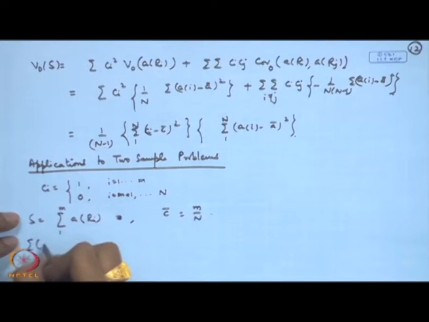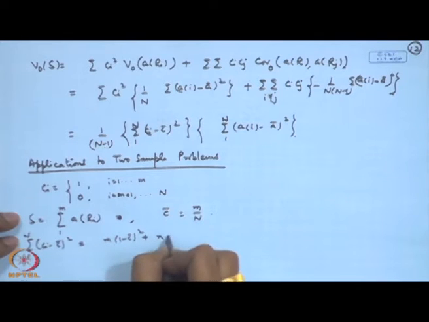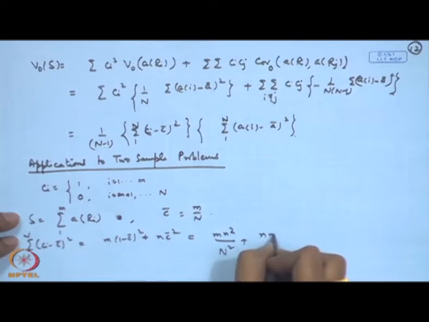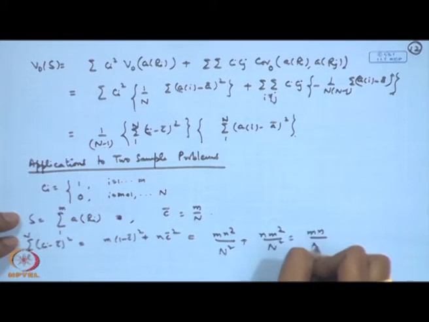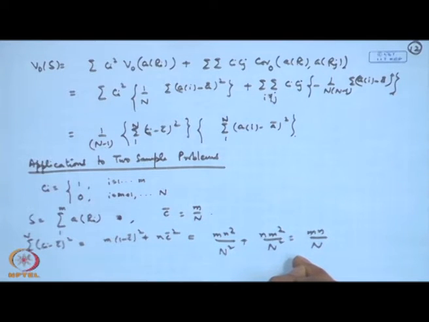So, sigma of (C_i minus C bar) square, 1 to n, that is equal to m into (1 minus C bar) square plus n C bar square, that is equal to m n square by n square plus n m square by n square, that is equal to m n by n. I can take out m n, then this will become m plus n, that is n. So, n square cancels out to get you m n by n.